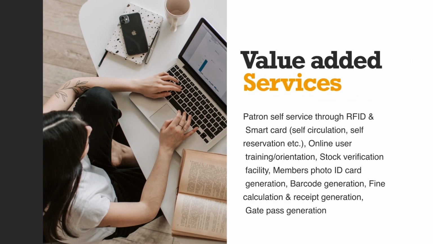Now in the group of value added services, we have patron self service through RFID. That means you need to check whether your system is RFID compatible or can interact with different kinds of RFID systems, radio antenna, then self check boxes, etc. It should support smart card at present, online user training and orientation support, stock verification facility, members' photo ID card generation, barcode generation for books, real-time fine calculation and receipt generation, gate pass generation.